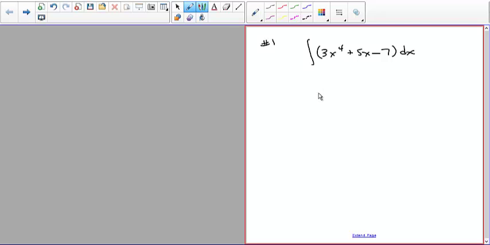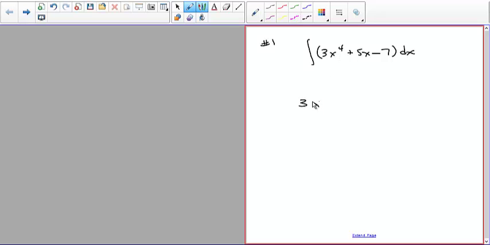And u substitution is only required if the original integral can't be integrated just using the integrals in the table or the formulas that we have. So since this is just a polynomial, we just do polynomial integration.